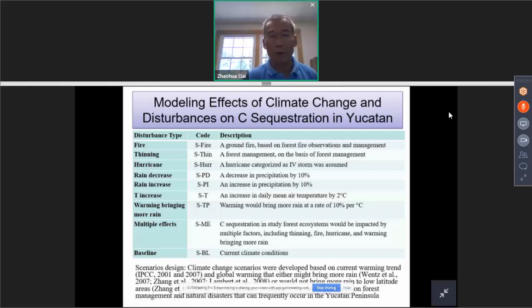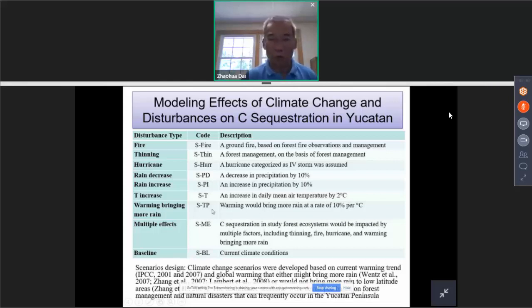And thinning, which is forest management, and a hurricane or any strong wind; here we assume a category four storm, which means very strong. We also assume precipitation decrease, precipitation increase, and temperature increase. The temperature rise is just 2 degrees.